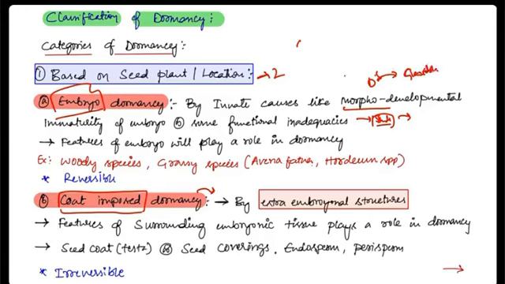Why? Because in the case of embryo dormancy, it is because of developmental inadequacies, right? So there is some block in the development. If after some time that block is removed, they will be able to germinate. That is, dormant seed can be converted into viable seed, viable meaning they are able to germinate. And even in viable seeds, if there are some inadequacies, they can again be converted into dormant seeds, which we call secondary dormancy. So both things are possible for embryo dormancy.